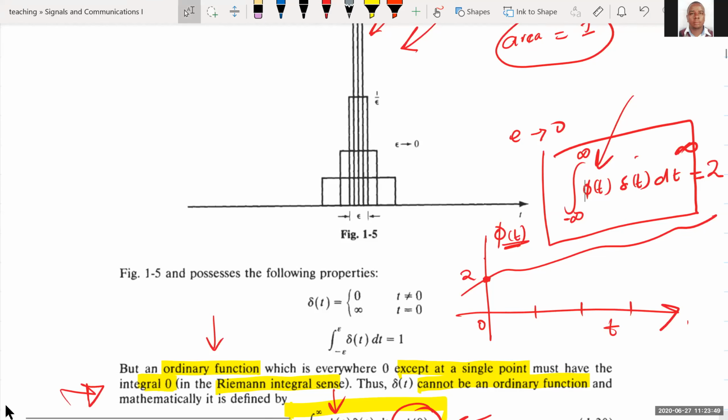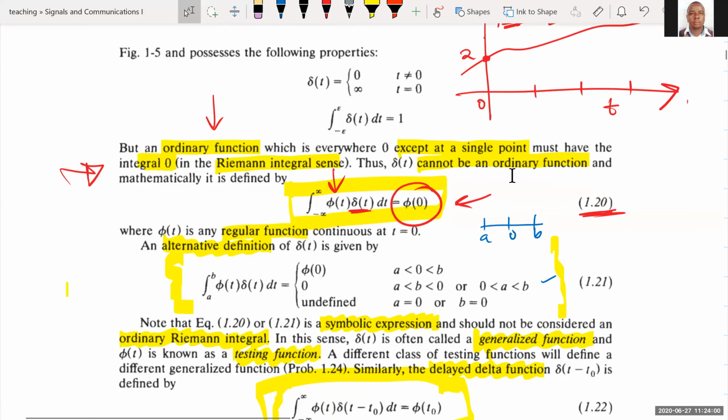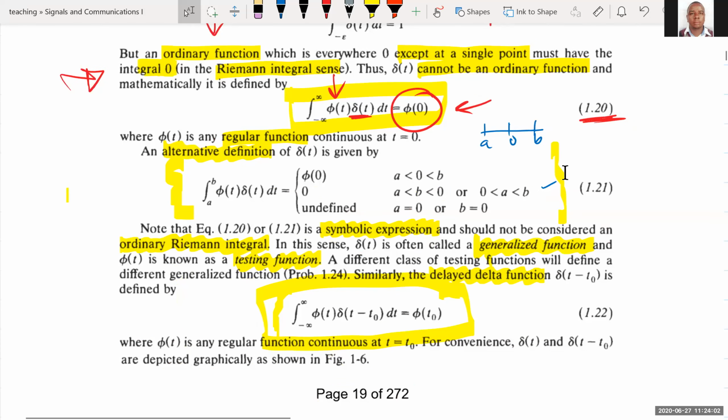That is what equation 120 illustrates. We are saying that phi t is a regular function, continuous at time t equal to 0, and I think we have well illustrated that equation.